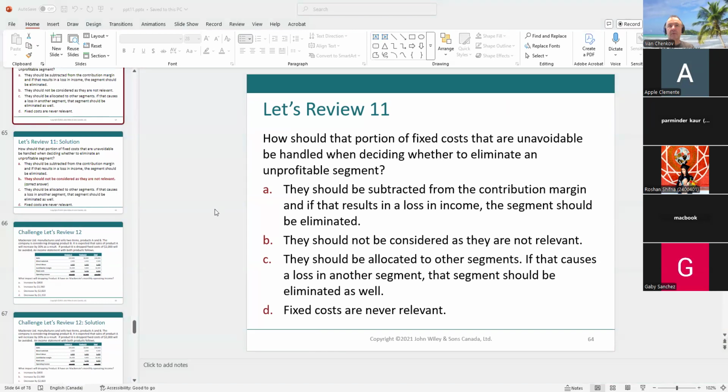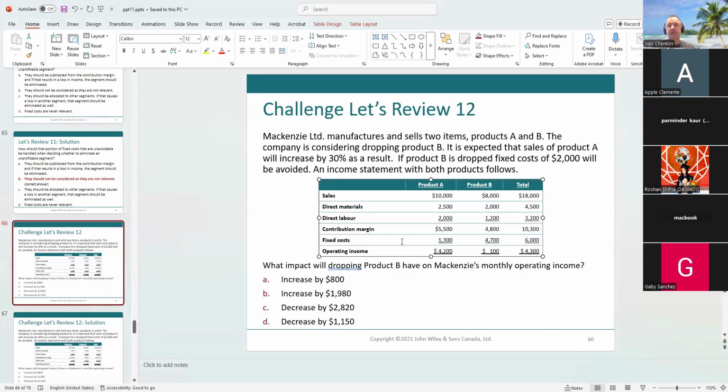Yes, Professor. What do you think? B, Professor. B, because they're unavoidable. If I cannot avoid it, it shouldn't be considered. They're not relevant. Yes. So let's do this question.